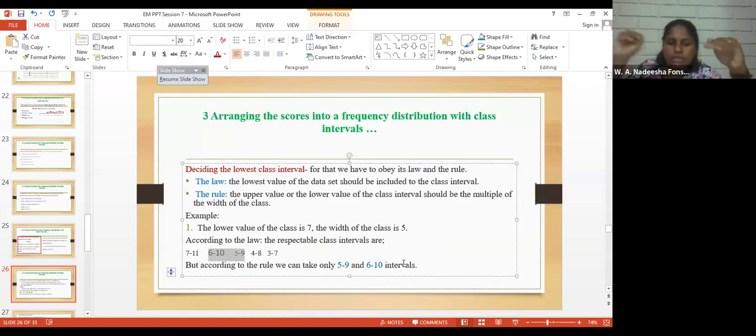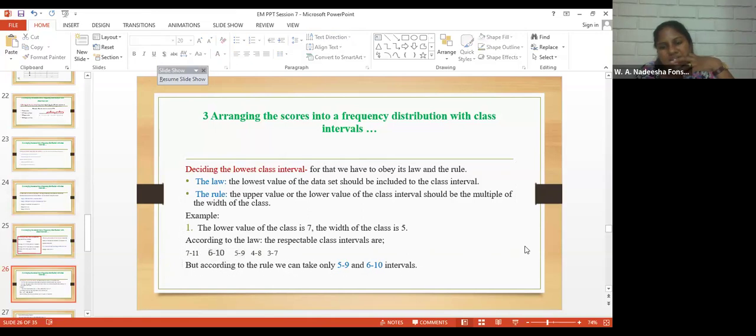Then we can define several class intervals, and according to the rule, we can pick out the suitable values. Then we can carry out the suitable ranges from the listed values. Is it clear?